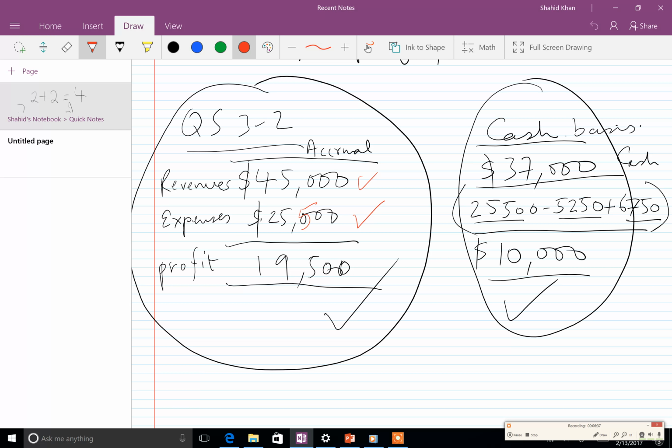And also, if you have paid for some expenses much in advance, for example insurance for the whole next year, you take all that cash spent in this same time period. So it's cash coming in and cash going out, which is $10,000. That's the cash basis of earning. Okay, accountants like accrual basis. This is what we are trying to learn in this course.